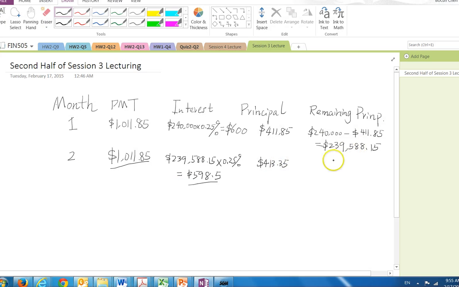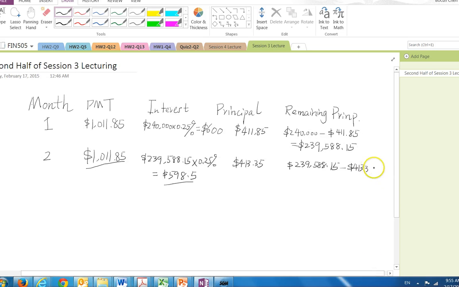Hence, the remaining principal is the difference between the remaining principal from month 1, which is 239,588.15, minus the principal portion of the payment from month 2, 413.35. And you can figure out how much this is by pulling out your calculator.